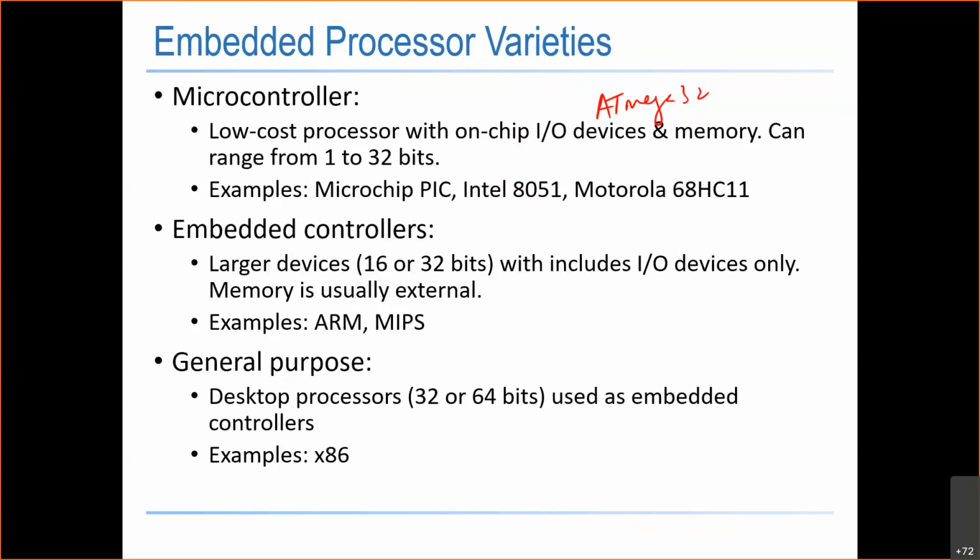On the chip itself, you have a processor inside, the CPU. You also have some I/O, and memory, including flash memory and so on. So everything is on the same chip, same IC, the same integrated circuit. This is what we call a microcontroller.